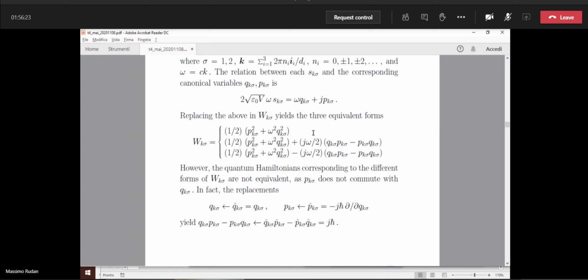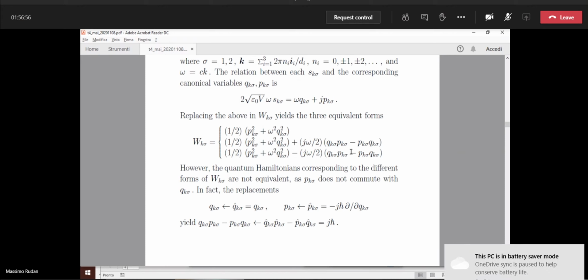And if we do it in the commutators, you remember the commutator of a position coordinate with the corresponding momentum is J h bar. So in this case, in the second line, we have J h bar, J and J gives you a minus. So globally, the Hamiltonian is real.